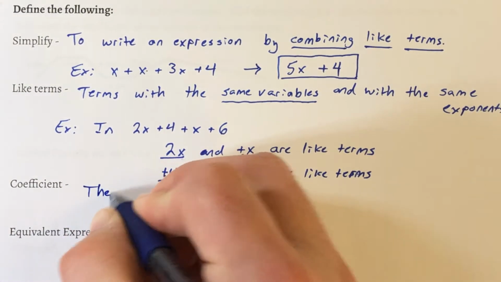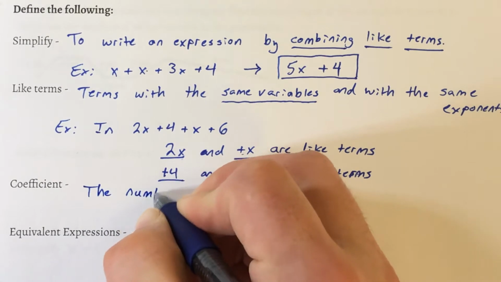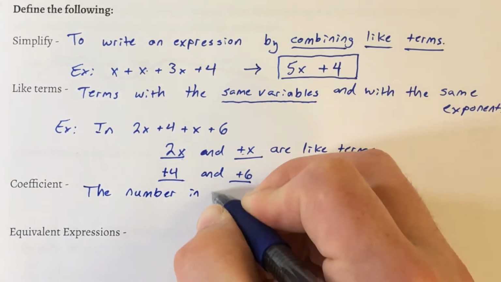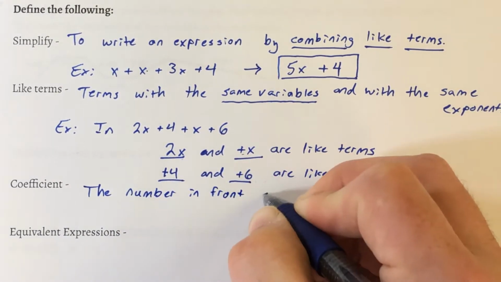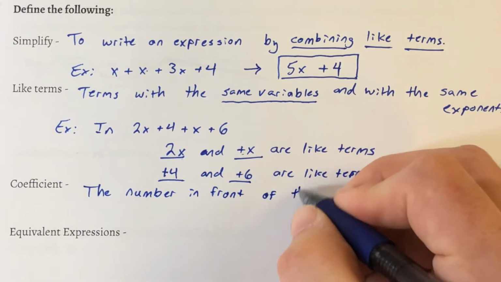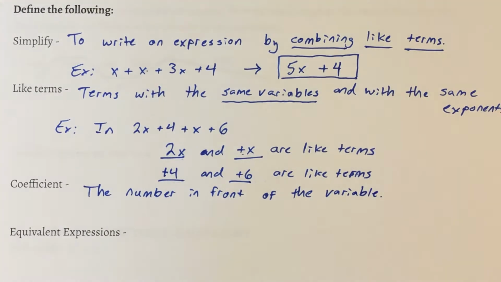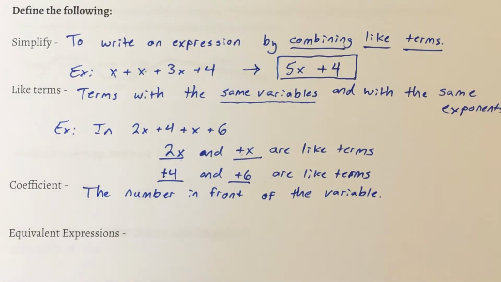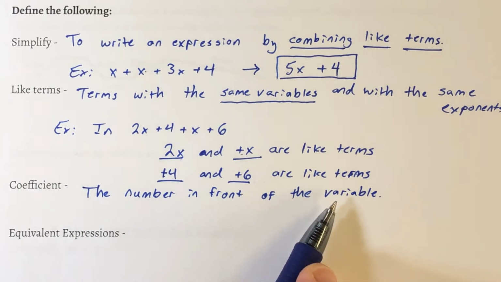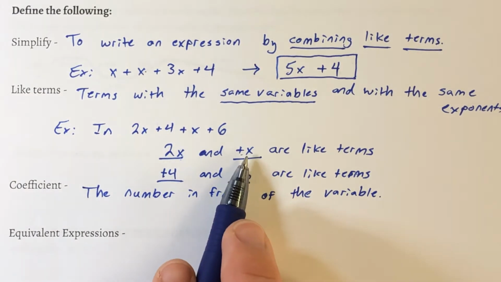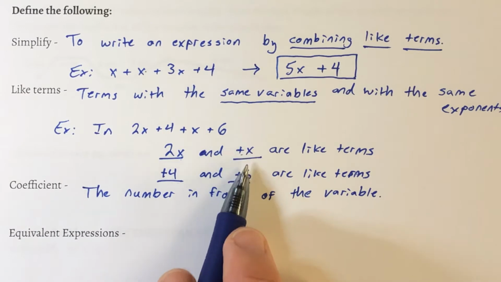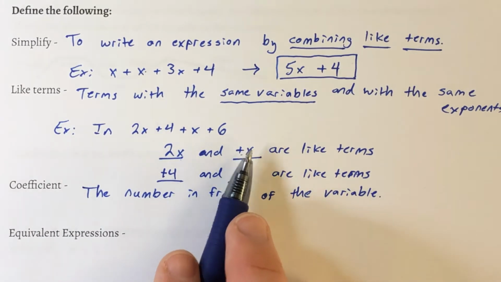Coefficient is simply the number in front of the variable. It's important to note that all variables have a coefficient, whether it looks like it or not. So this variable right here, x, it doesn't look like it has a number in front of it, but it does.